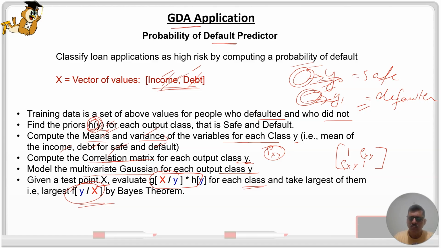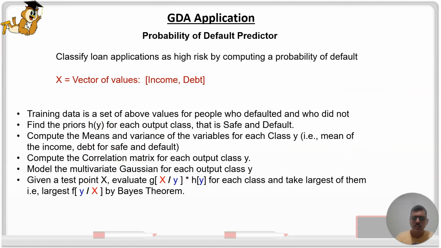Now, why is it not a good idea to use, let's say, a naive Bayes in this case? You could have equally well used a naive Bayes, right? The point is that there are examples like these where the income and debt may actually not be independent. Clearly, in applications like these, when you're going to predict the probability of default on loans, nobody is going to say that the debt of an individual is independent of his income, right?